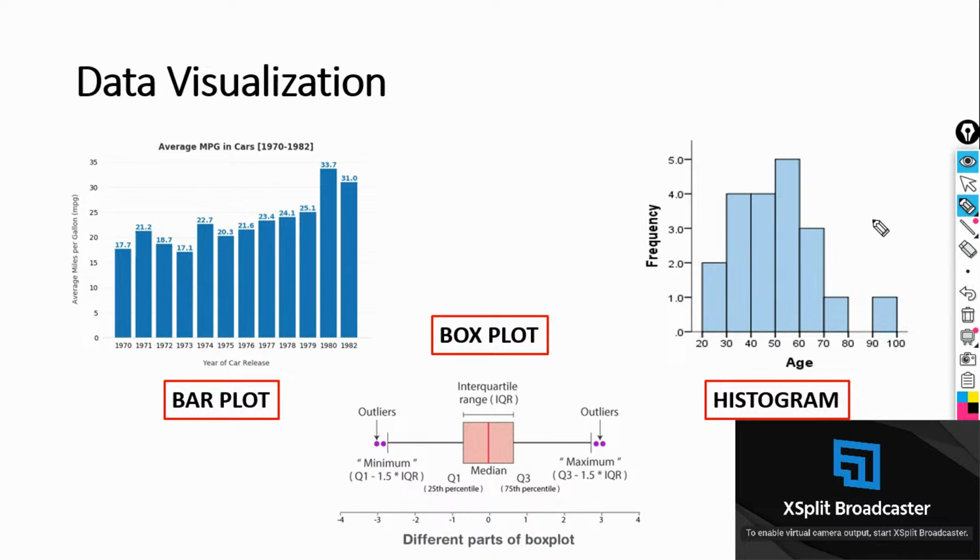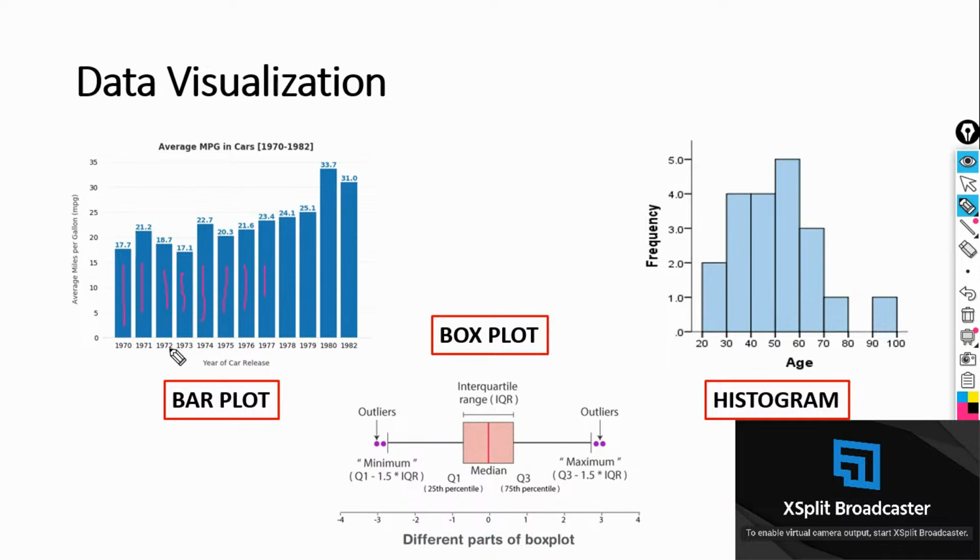The first plot is bar plot. What do you mean by bar plot? Bar plot is a visualization in which you are representing the data using bars. Each one that you see here is a bar. The visualization that you are seeing is with respect to year of car release.